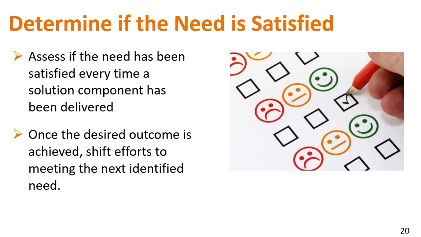Those pieces of the solution are intended to add value to the organization, so that every time we deliver a piece, part of the delivery of that piece, or part of the follow-up to the delivery of that piece, is, have we accomplished what we need, or a sufficient amount of what we need to accomplish in order to make changes, and in that particular case, determining whether we need to stop, but also determining whether we're adding value at the rate we thought we were going to add it. Do we need to change things? All of those decisions.